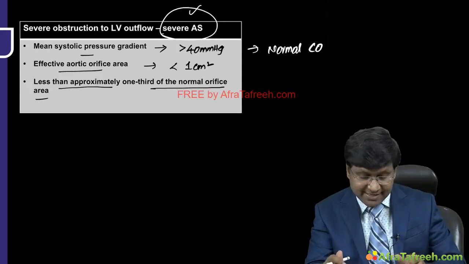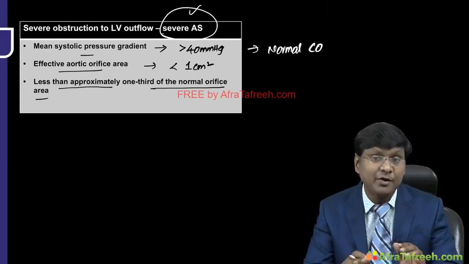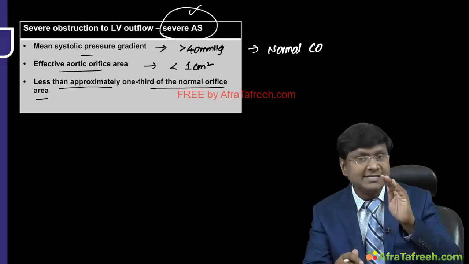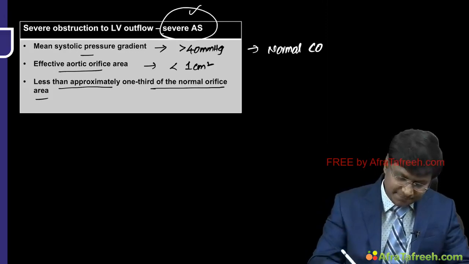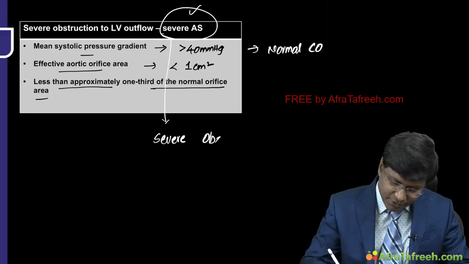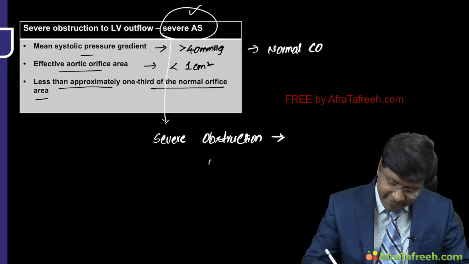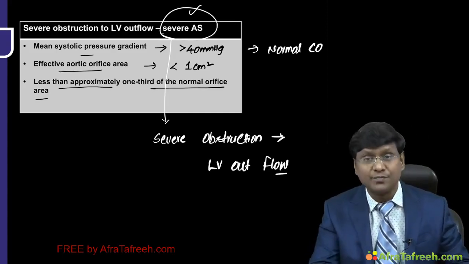These are the points to tell that the individual has severe aortic stenosis, where there is severe obstruction to left ventricular outflow, right?